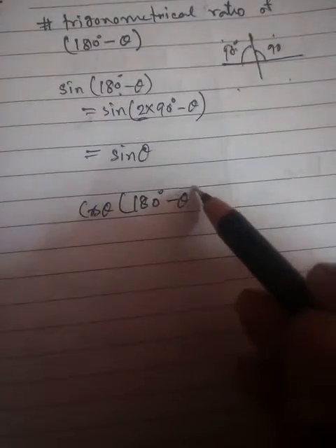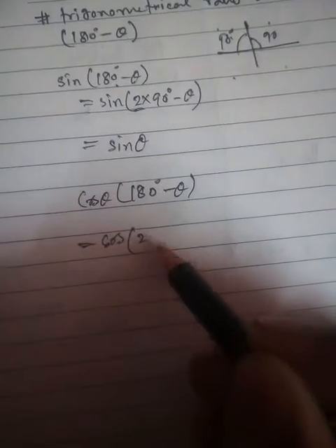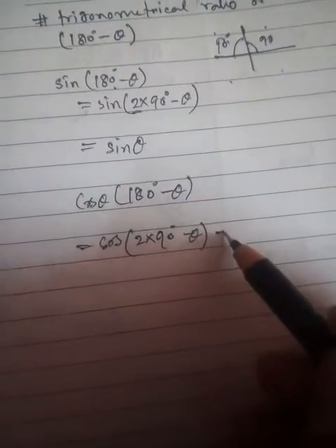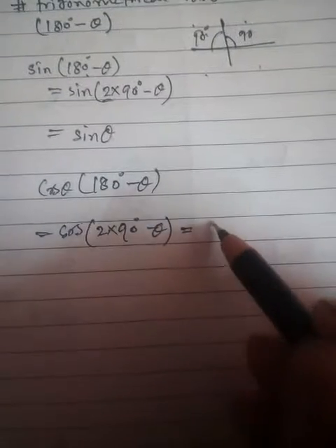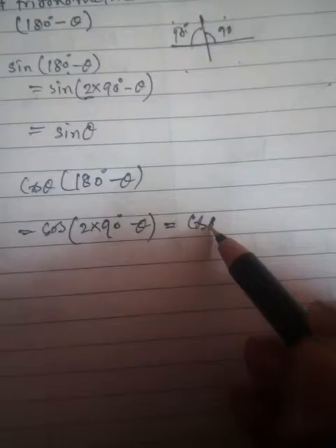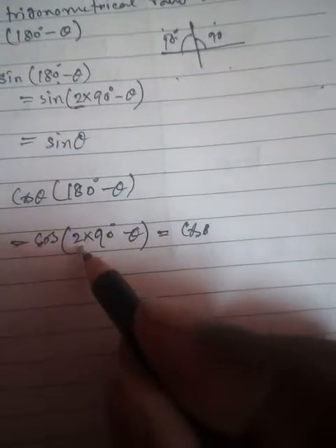Now in case of cos 180 degree minus theta, it will be cos 2 into 90 degree minus theta equals how much? Cos, as it is even also, the value will be the same.